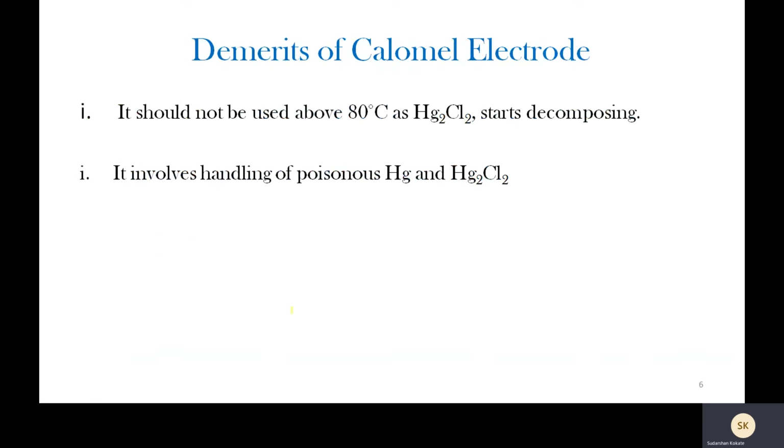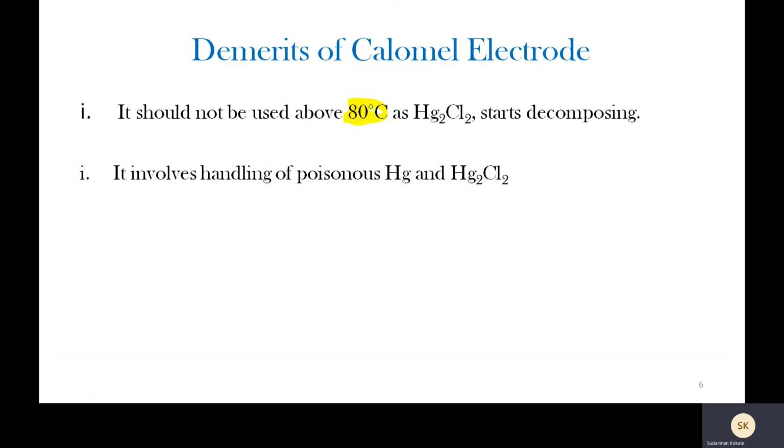Then, what are the disadvantages of the calomel electrode? The first disadvantage is that it should not be used above 80 degrees Celsius. Why? Because mercurous chloride is used in the calomel electrode, and it starts to decompose above 80 degrees Celsius.